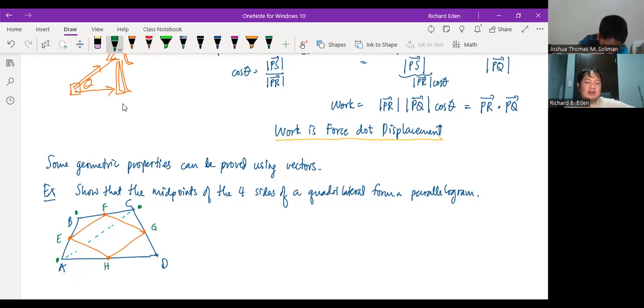So therefore, EF is half of AC and parallel to AC. But by the same reasoning, it's not just EF, but also GH. GH is parallel to the diagonal AC and half of AC. So those two orange segments with the check marks are parallel and congruent. So we have a parallelogram.